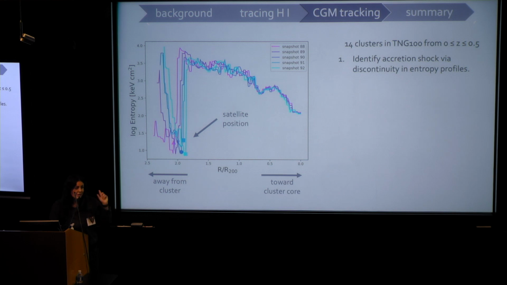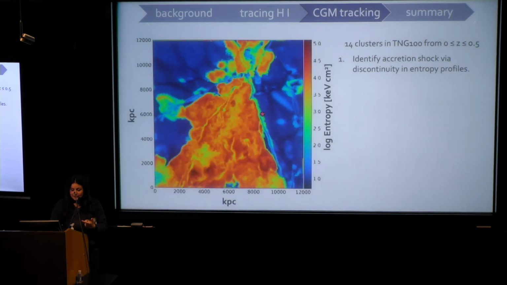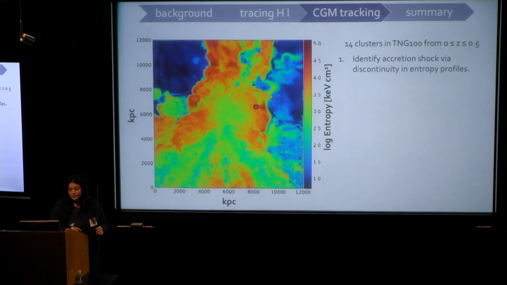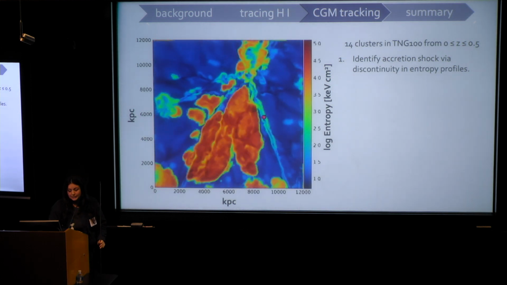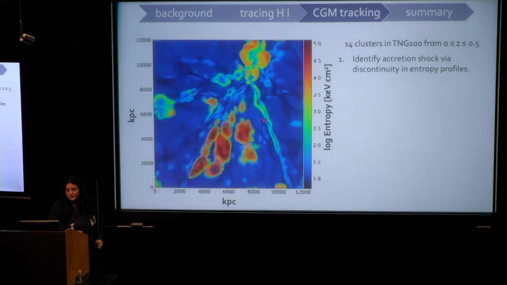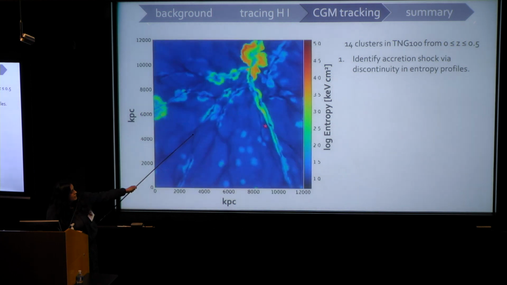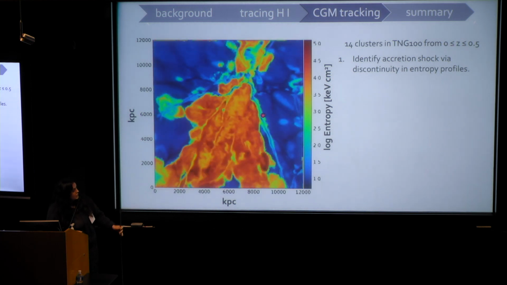We have to do this on an individual subhalo basis for all of the satellites around a given cluster. This is that same exact satellite tracked from z = 0.5 to 0, and you can see when it encounters the accretion shock. The subhalo position is this star in a circle.